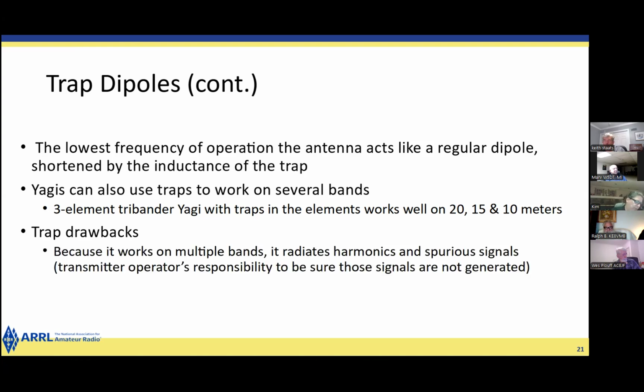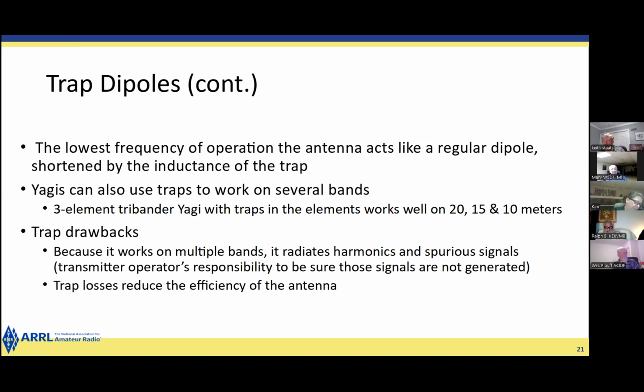Drawbacks. Well, it works on multiple bands, so it radiates harmonics and spurious signals. So you've got to be careful when you're using it, so you're not generating those spurious signals.